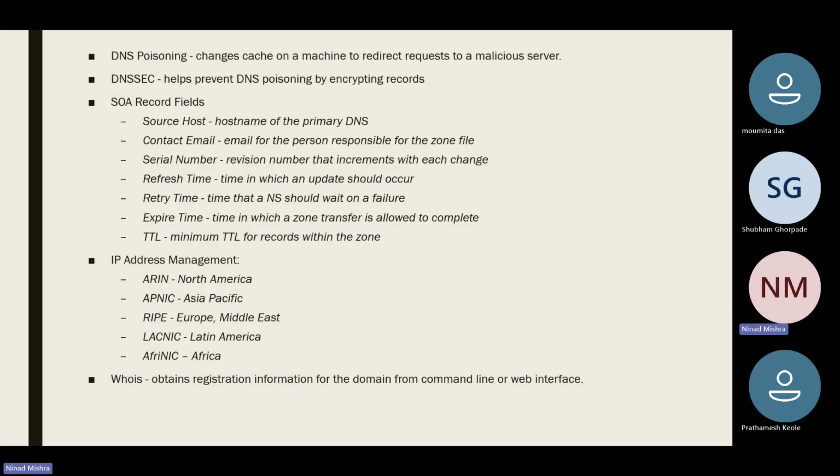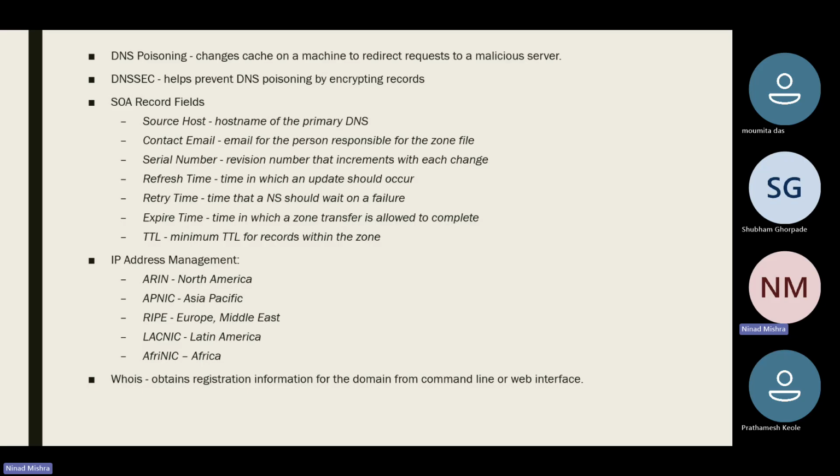For Europe and the Middle East, it is RIPE. For Latin America, it is LACNIC. And for Africa, it is AFRINIC. So there will be a body that manages the IP addresses for different organizations and assigns them.